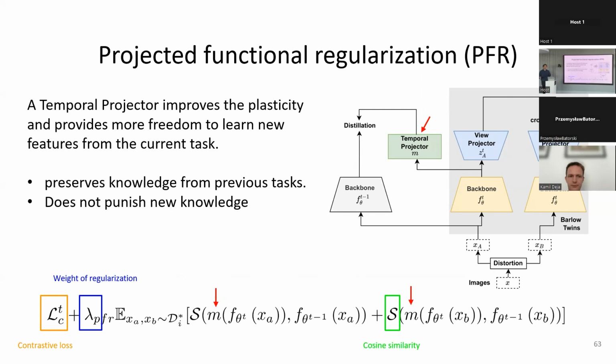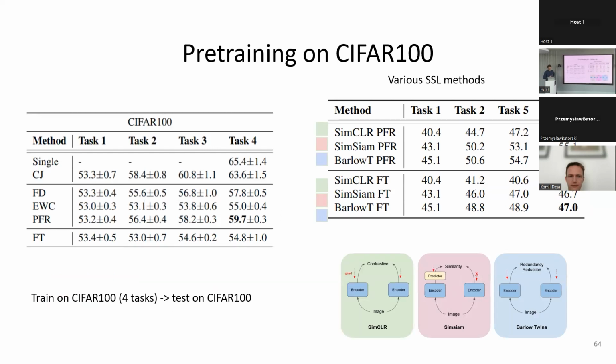The projector will map down all the features it needs to get all the information of the previous backbone. Like that, it hurts plasticity much less than previous ways of addressing this, and it doesn't punish new knowledge. I think that's very nice about this sort of regularization.